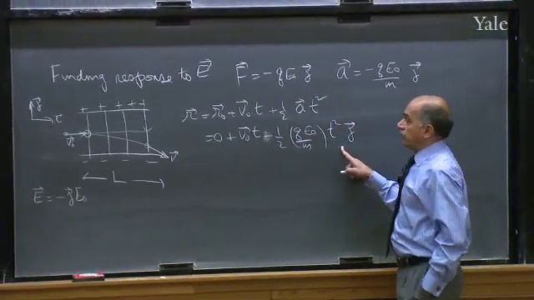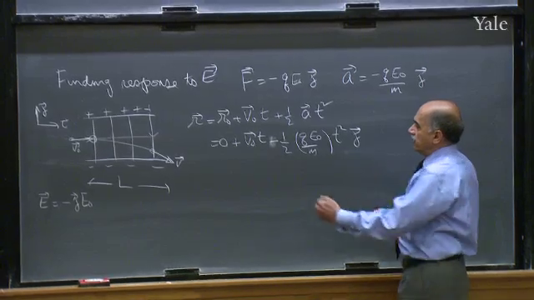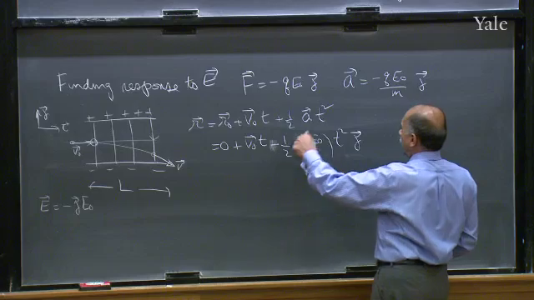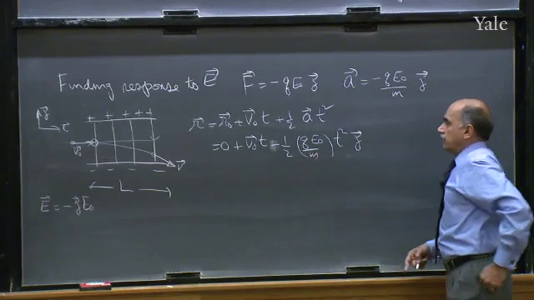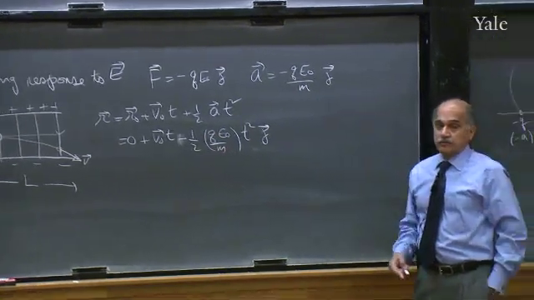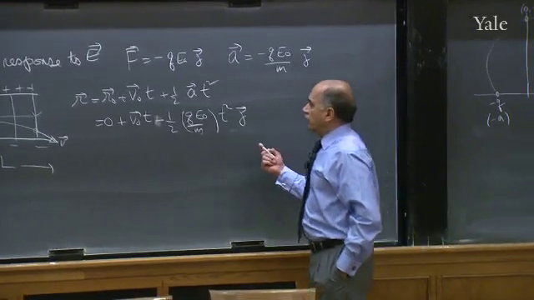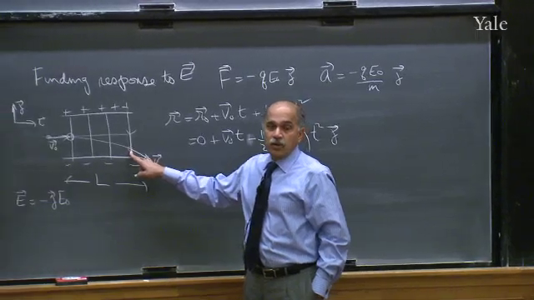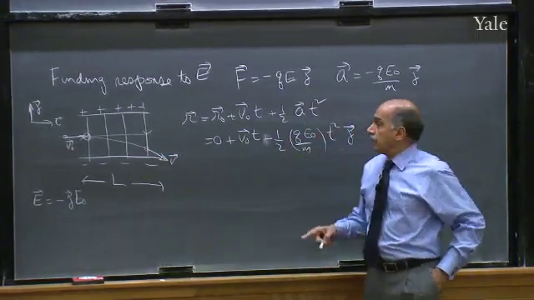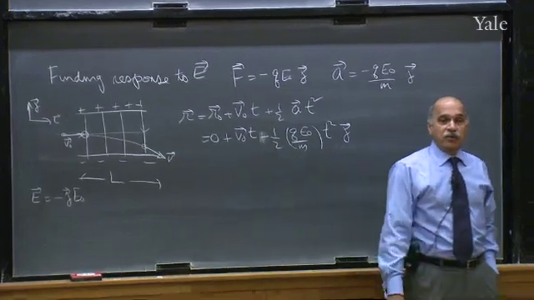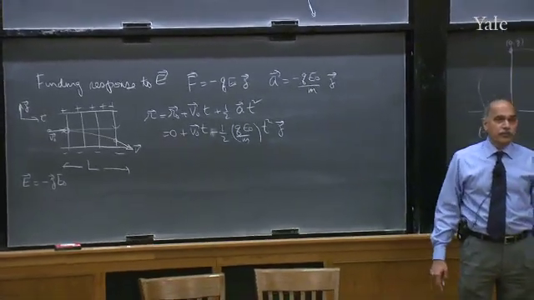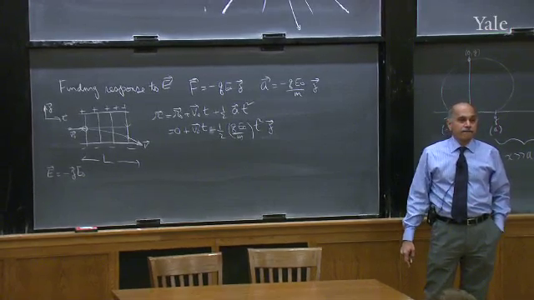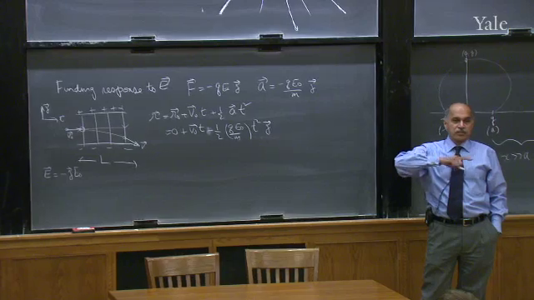At t equal to 0, you are at the origin. As t increases, it's moving horizontally due to v naught, and it's also dropping vertically due to the acceleration. Then it's very easy from now on to compute anything you like. For example, when you want to go to that point, what will be the time? Anybody tell me what the time will be when I go to that point? How long will it be in the region between the plates?